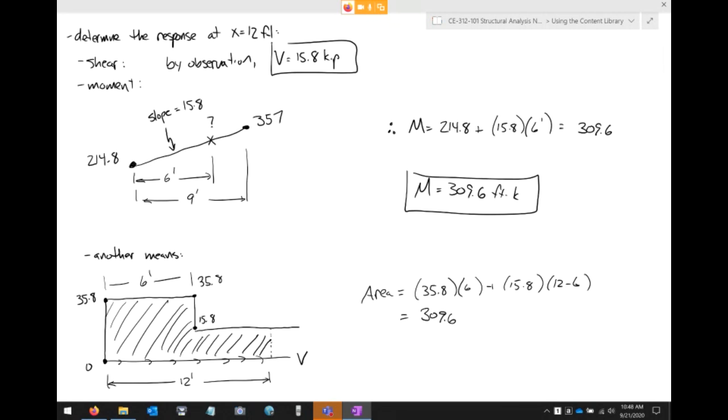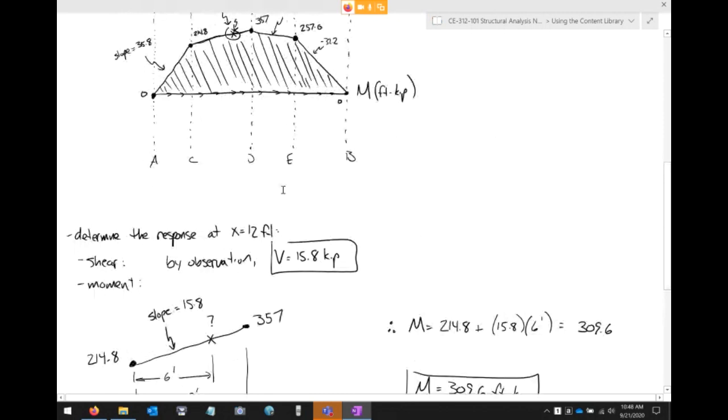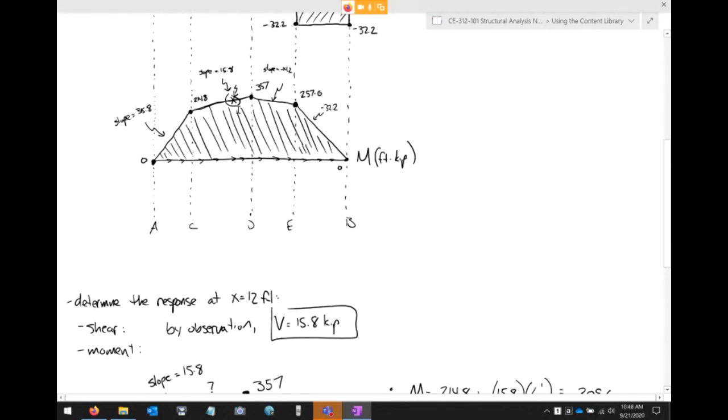So what I want to emphasize is that doing what we did on Friday serves as a spot check for what we're doing today. Let's look at this 309.6. Go back to your moment diagram. When you look at this moment diagram, the individual value doesn't really matter. We found that x equals 12 occurs in this region between C and D. At C, the moment is 214.8.